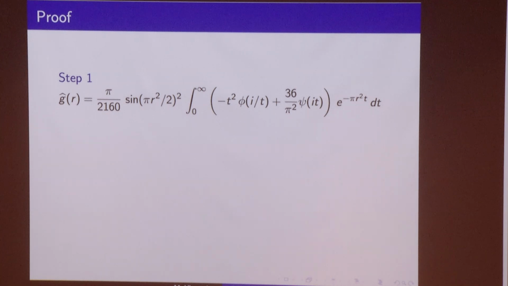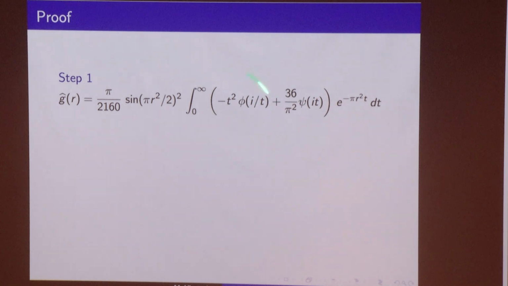So step 1: this is why we've chosen a function like this, because it's quite easy to compute its Fourier transform. The Fourier transform in R will commute with this integral which we take with respect to the second variable t.